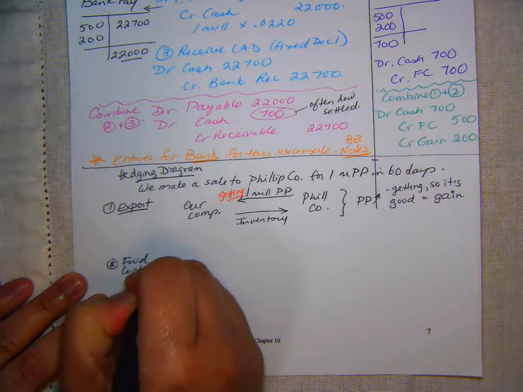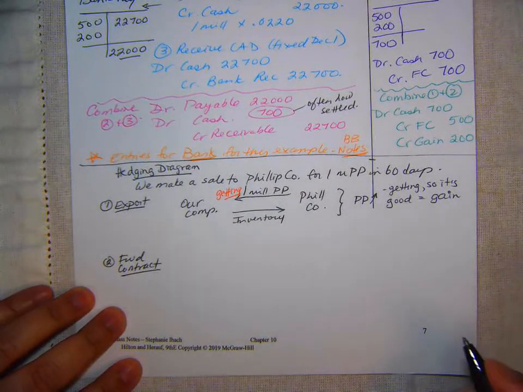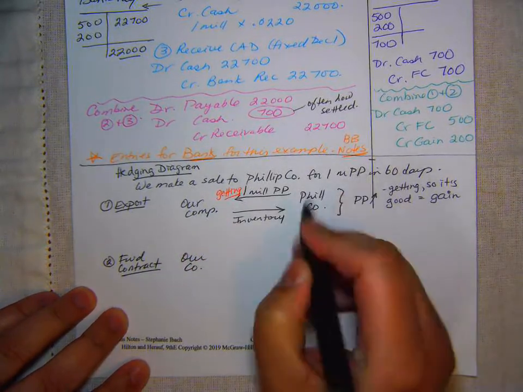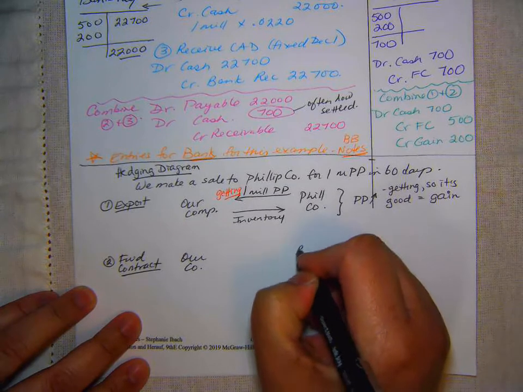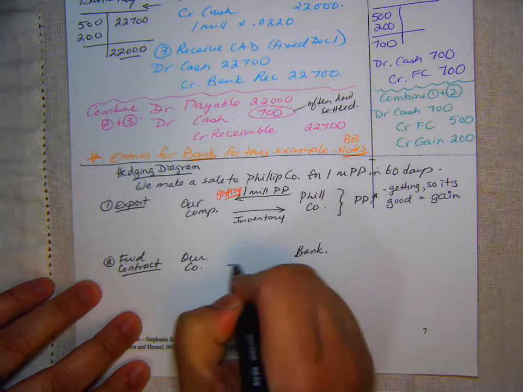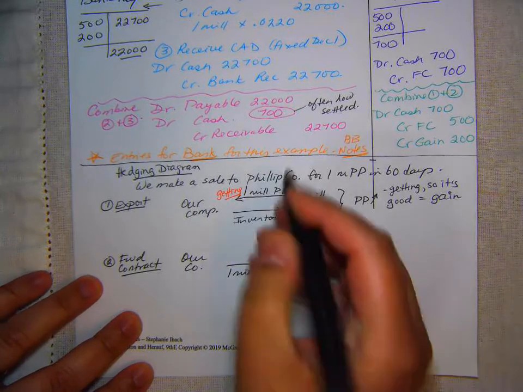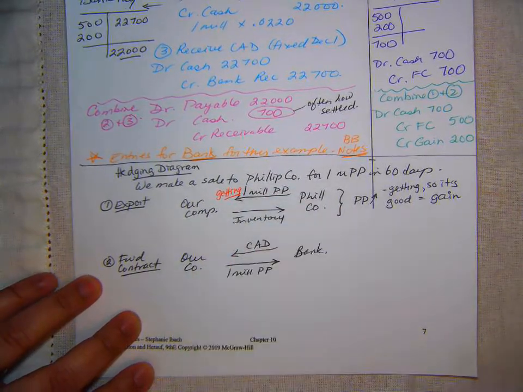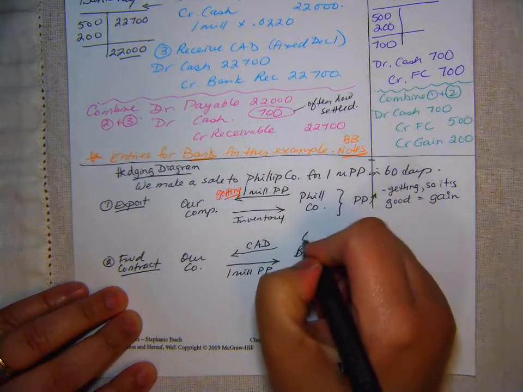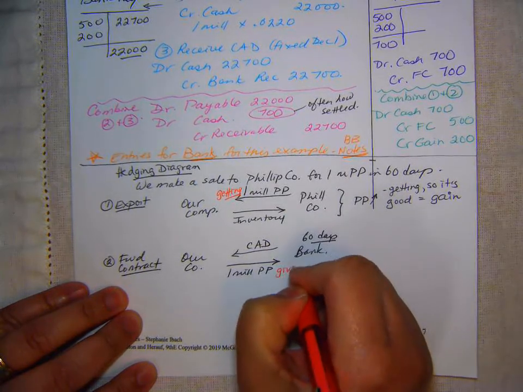So our company and a bank or foreign exchange or whatever is going to give 1 million Filipino pesos, and we're going to get Canadian dollars in 60 days. So this time we're giving. So if Filipino pesos go up, we're giving.